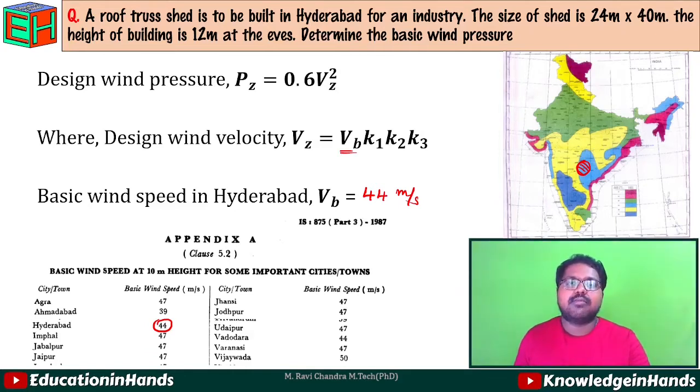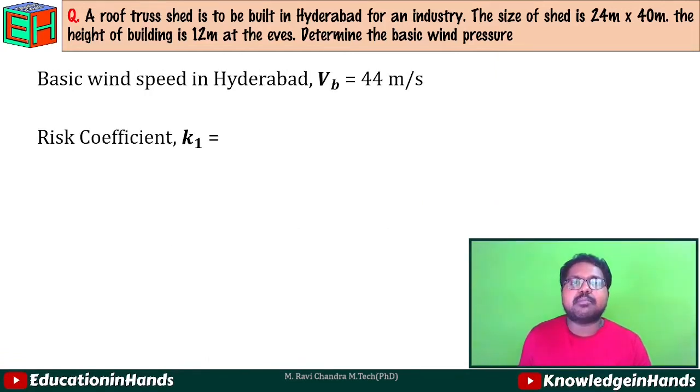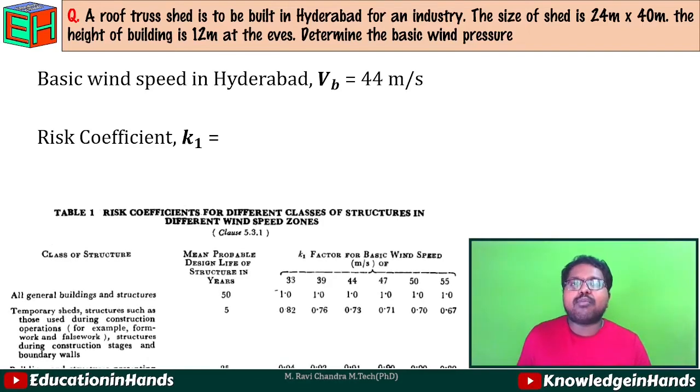Then next we need to calculate the value of K1, which is nothing but the risk coefficient. So how are we going to calculate the value of K1? For this value of K1, I am considering table 1 of IS 875, where the risk coefficient for different classes of structures in different wind speed zones is given as per clause 5.3.1.